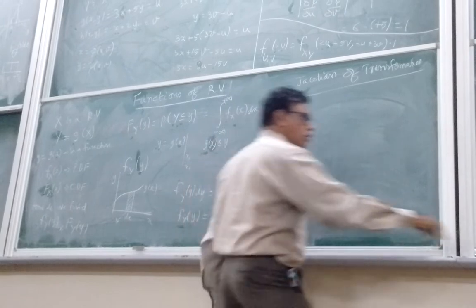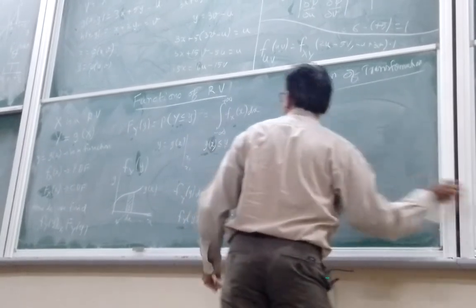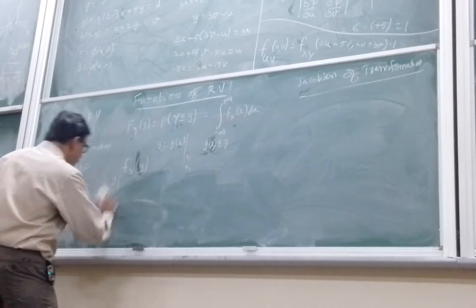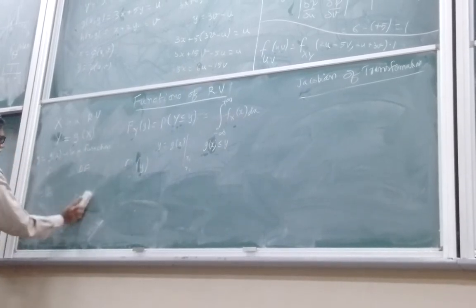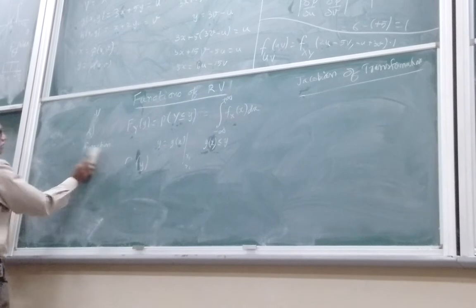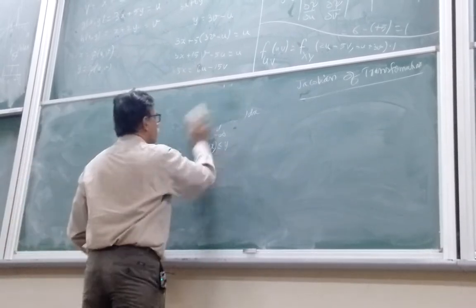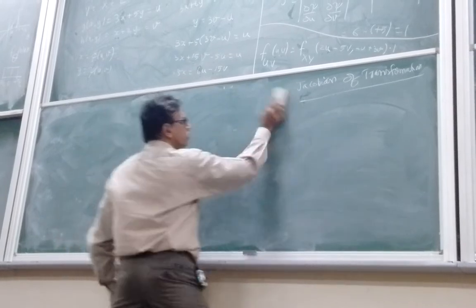You will again look at a case, not just linear. You will take two functions of two random variables, but that functional nature is very useful in communication engineering. It is quite often encountered.